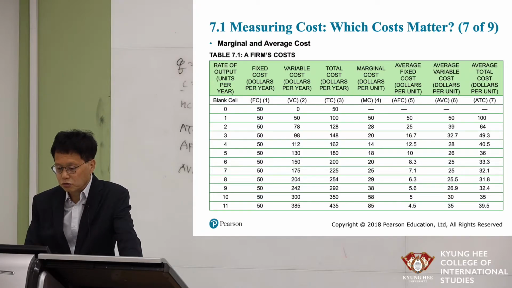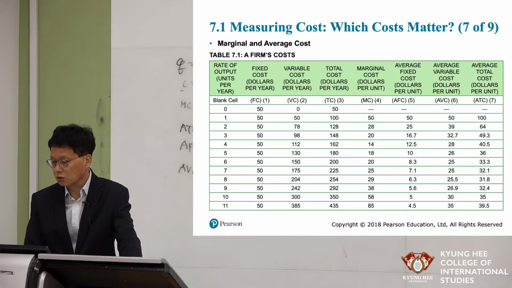And when you produce 2, fixed cost is $50 again, divided by 2, so 25. So average fixed cost decreases as you produce more. Average variable cost is this one, variable cost divided by Q.